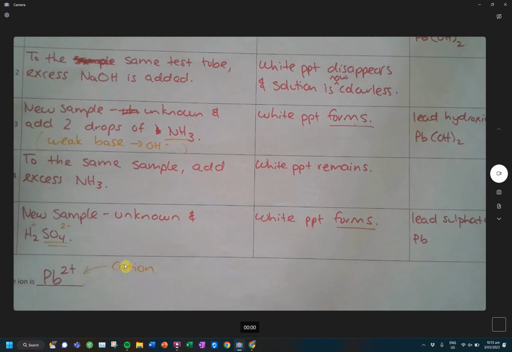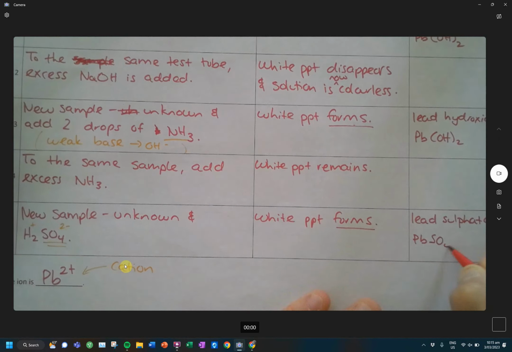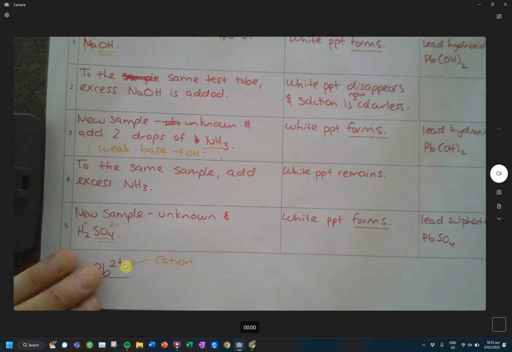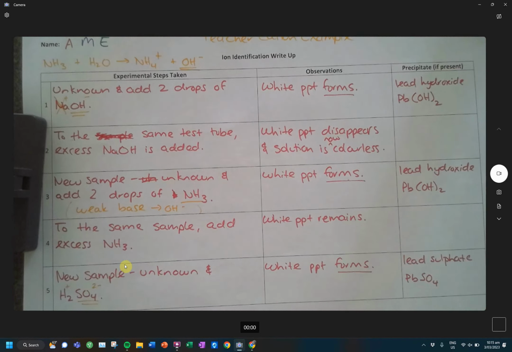Or formula, in this case, because that's +2 and that's -2, I just have to write PbSO4. And then we're done. So I'll just zoom out so you guys can see the whole thing. This is the write-up then for the cations to the achieved level.